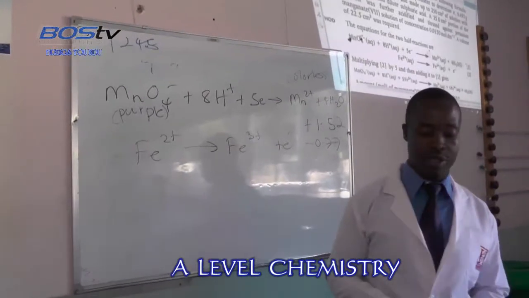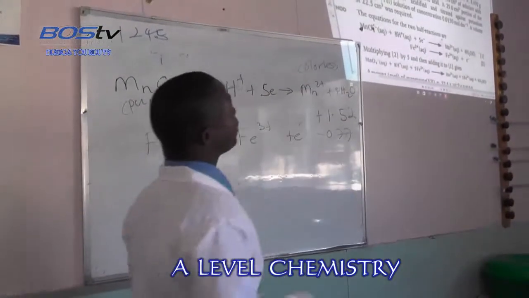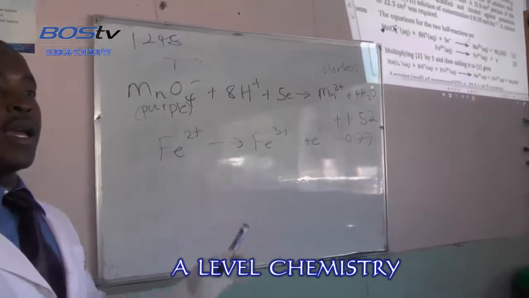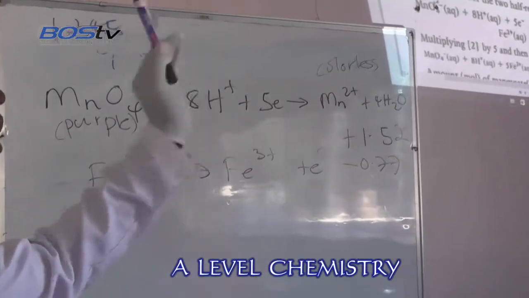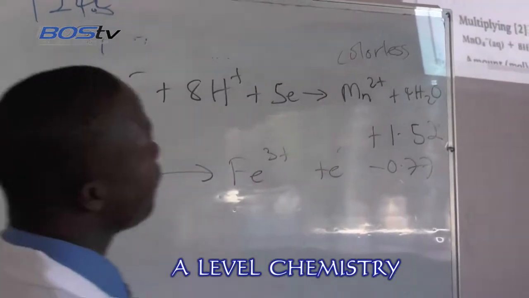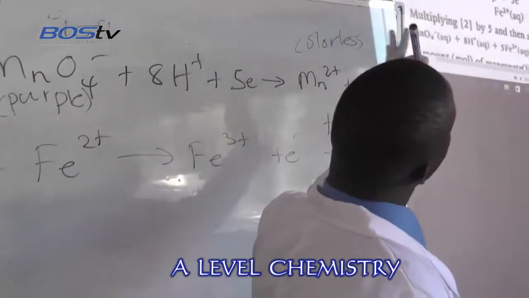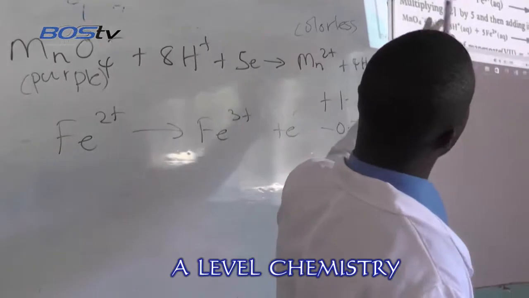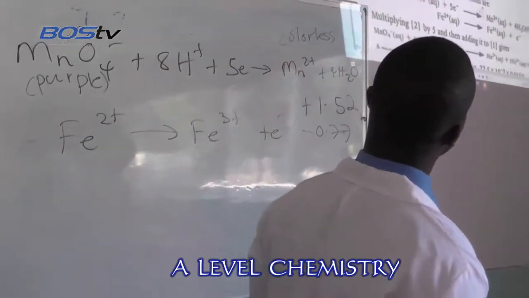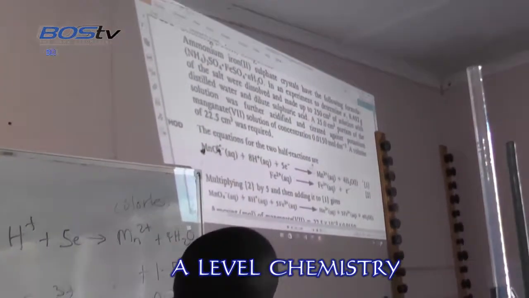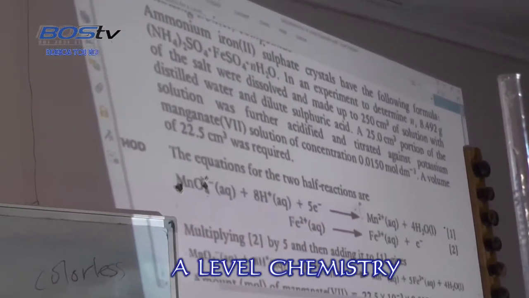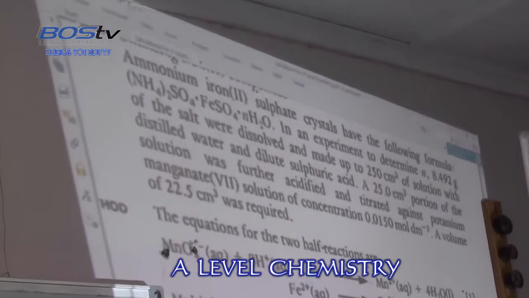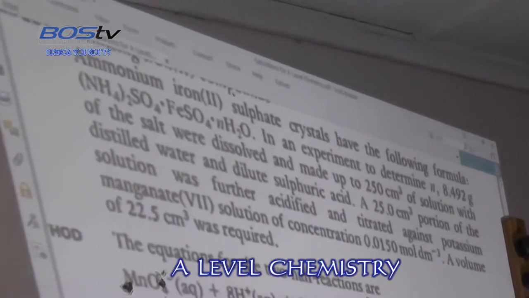And how are we going to do that? Let's consider that question on the board. Our practical is similar to that question, but it's a different question; they use the same principle. Iron 2 sulfate crystals with the following formula. We are given the formula in an experiment to determine n. 8.492 g of the salt were dissolved and made up to 250 cm3 with distilled water and dilute sulfuric acid.